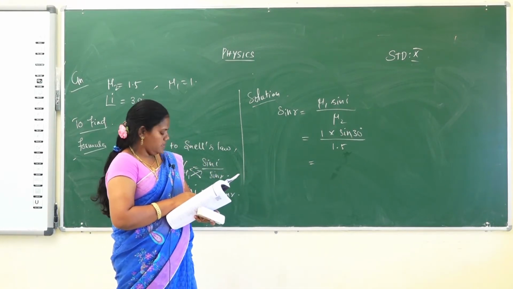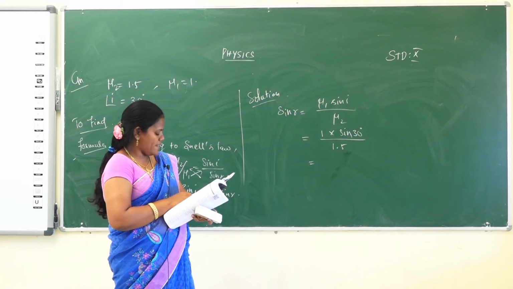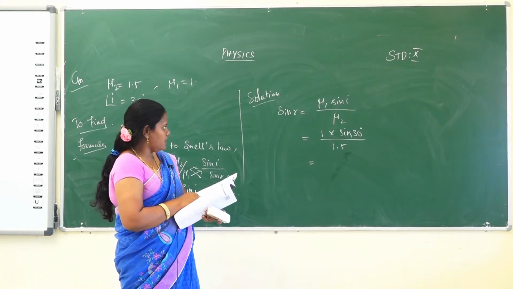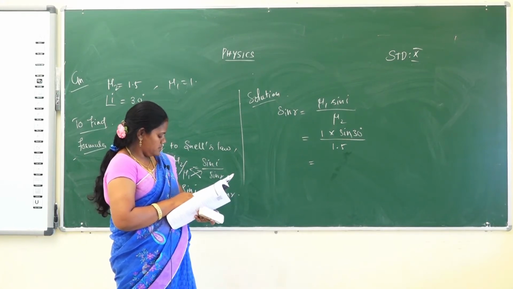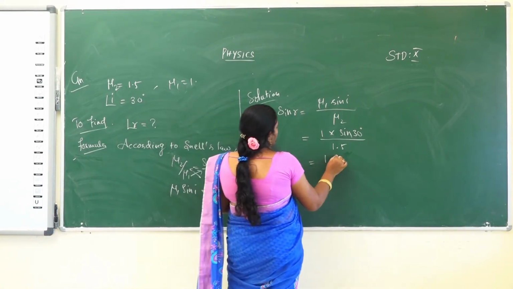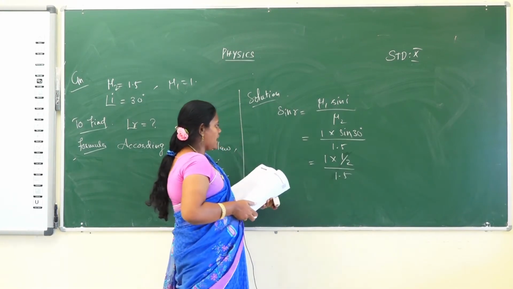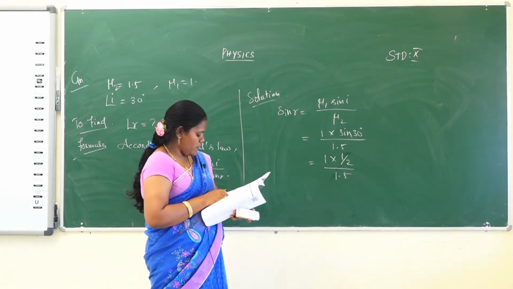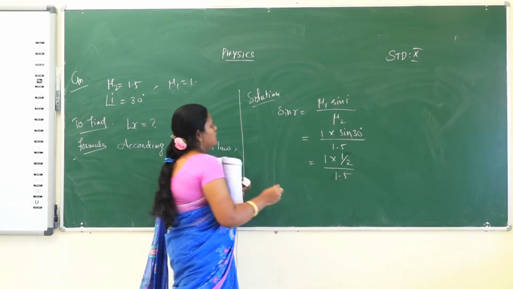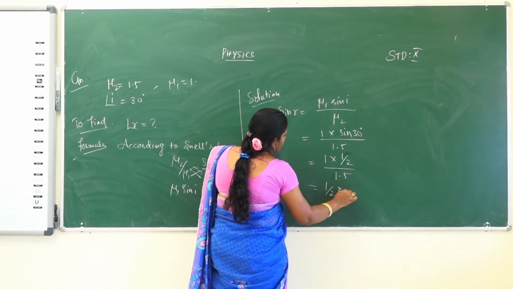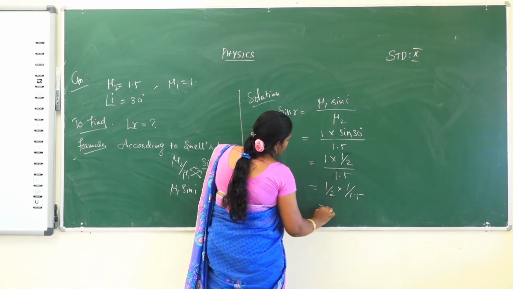So sin r is equal to 1 into sin 30 by 1.5. The sin 30 value is half. So 1 into half by 1.5, that is 1 by 2 into 1 by 1.5, that is 1 by 3.